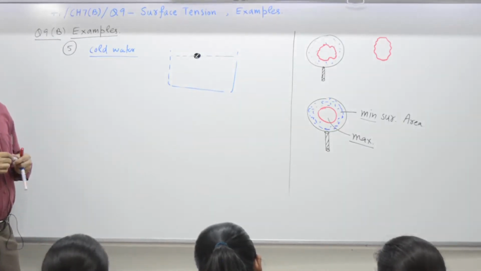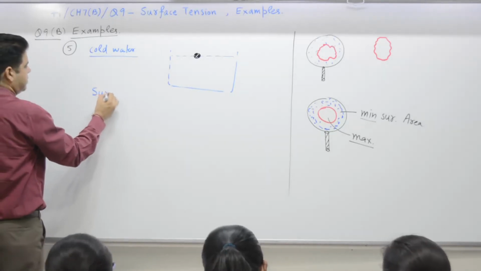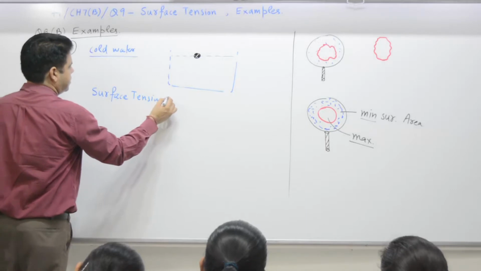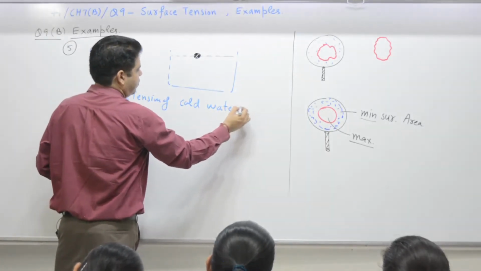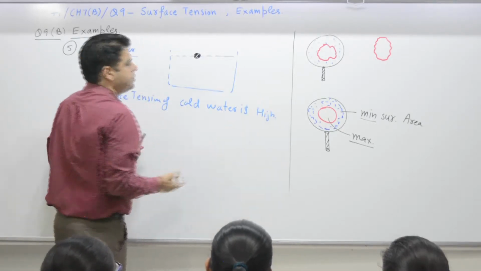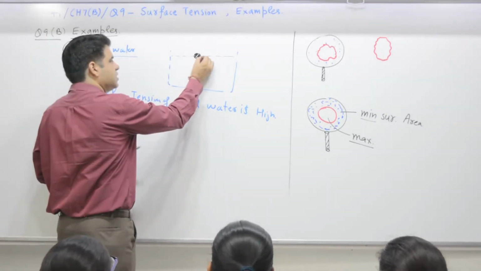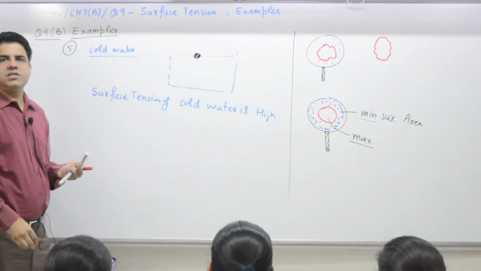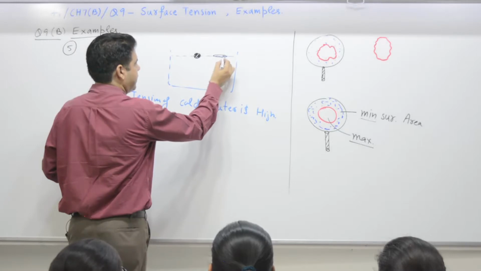Surface tension of cold water is more. Surface tension of cold water is high. That means what? This cold water will try to stretch it in all directions, and this oil drop will spread.